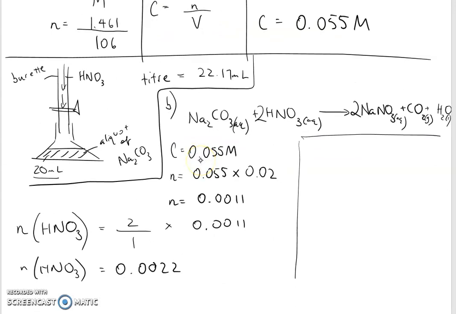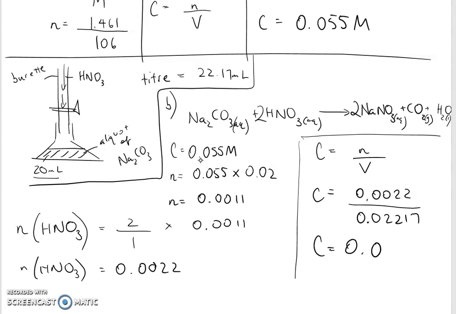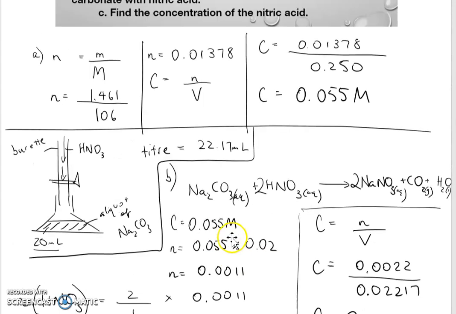So concentration is equal to moles divided by the volume. So the concentration is 0.0022 divided by that volume expressed in liters, so that value divided by 0.02217. So the concentration is 0.099 molar. Okay, so that's that question.